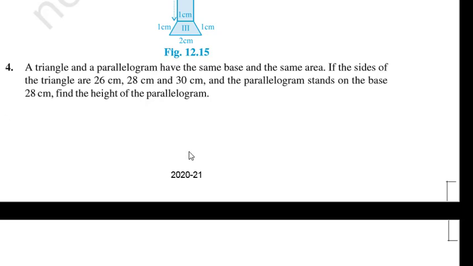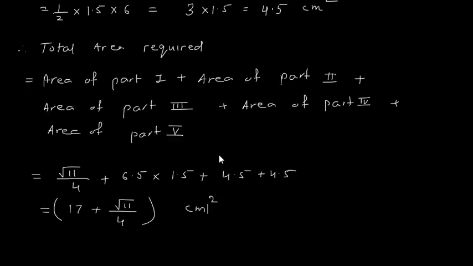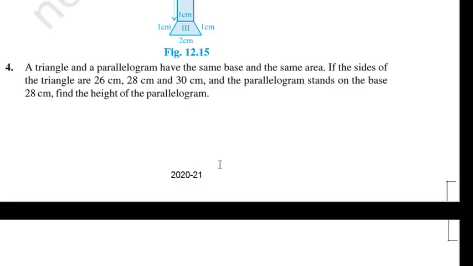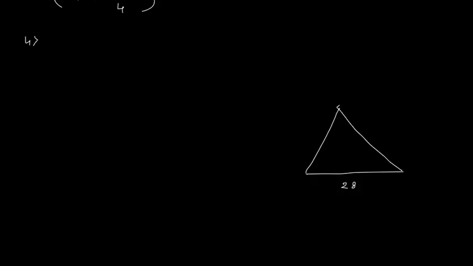So here in this question number 4, we have a triangle with base 28 and sides 26 and 30, I think 26 and 30.